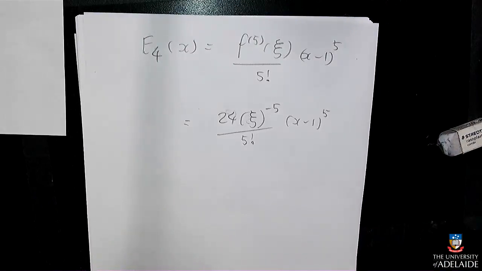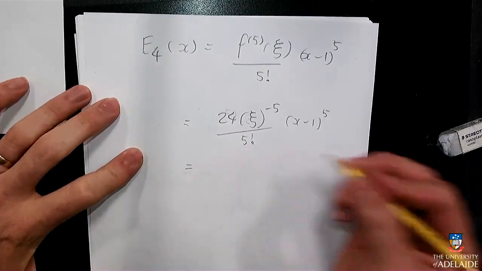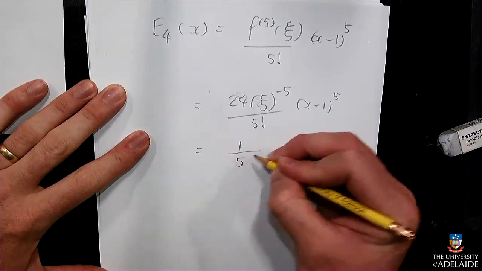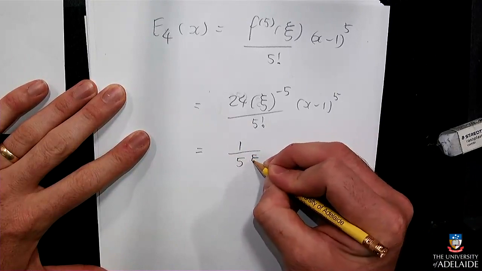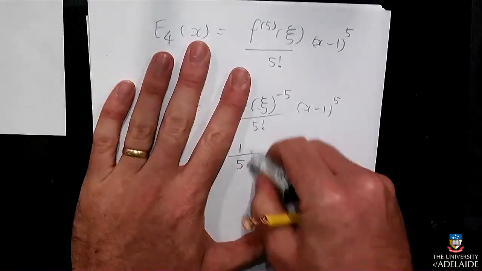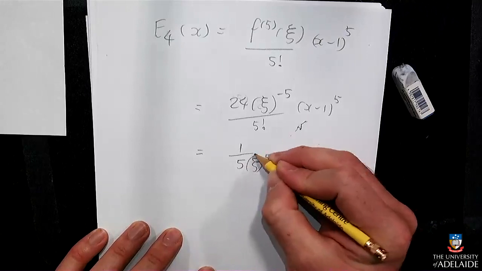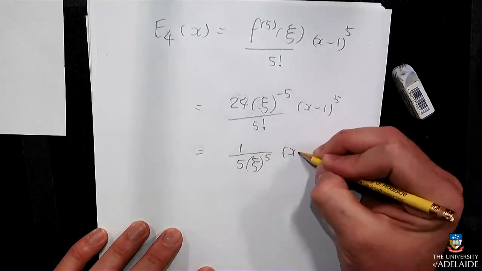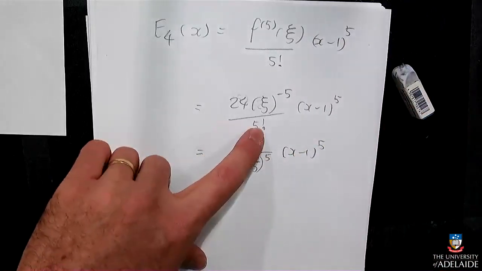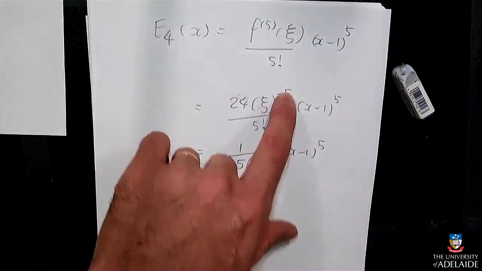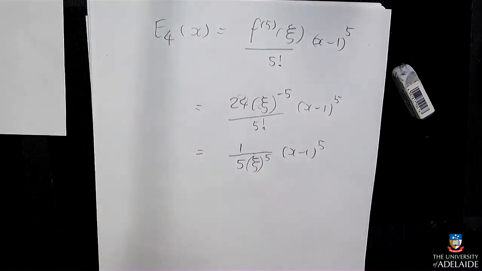So 24 is 1 times 2 times 3 times 4, which are all involved in the 5 factorial, so we can make this even better. So that's 120, and that cancels with most of the 24 to leave me with a 5. The negative power puts it down here, and so I get that.